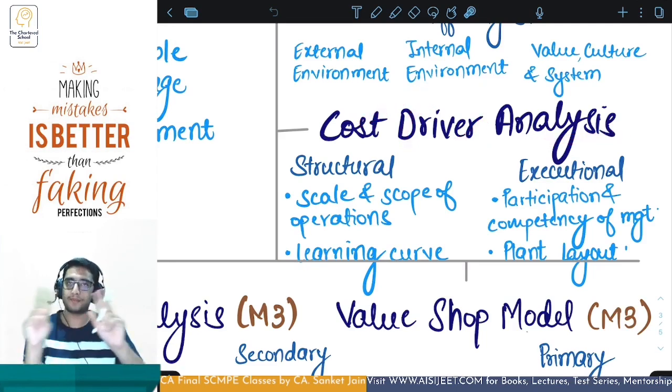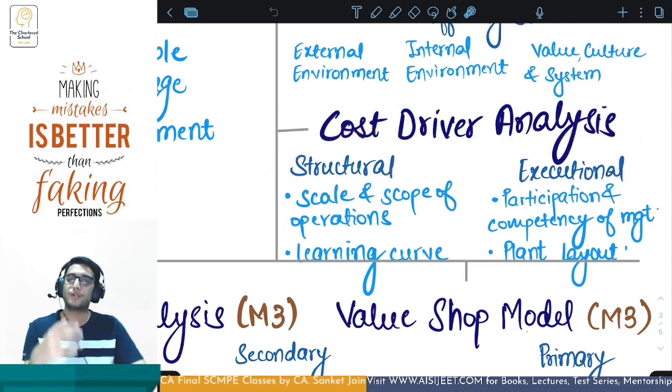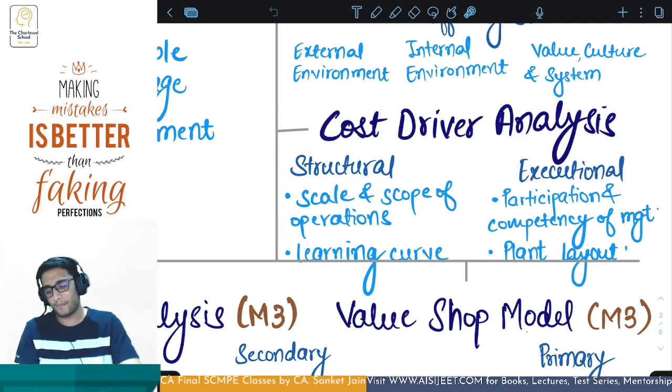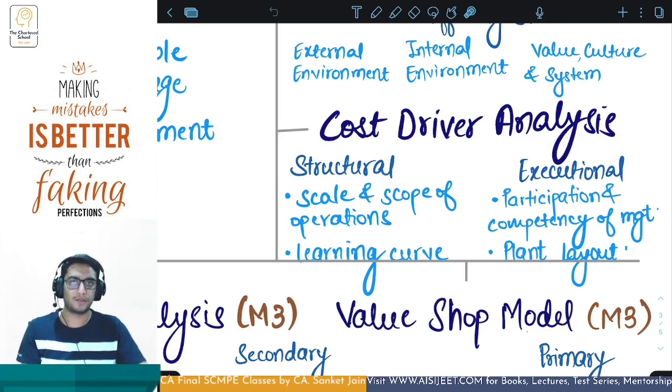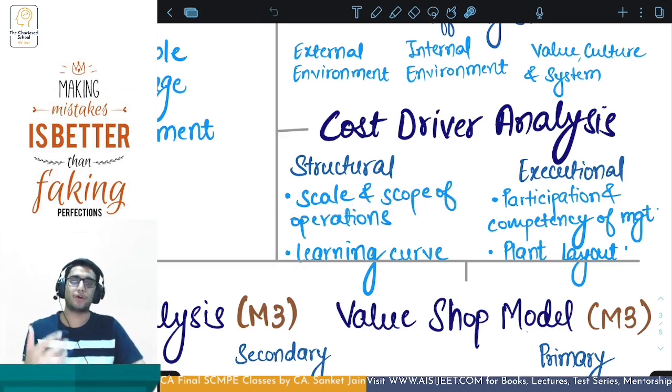Now there are two categories of drivers. One is structural cost drivers, the second is executional cost drivers. Structural is related to the organization structure, executional is related to the operations of the organization. Things considered under structural cost drivers would be the scale of operations or the scope of operations. How big is the organization structure?